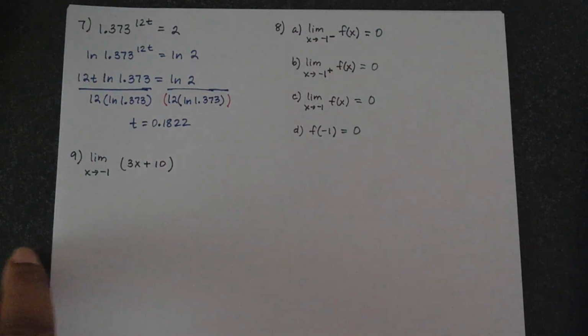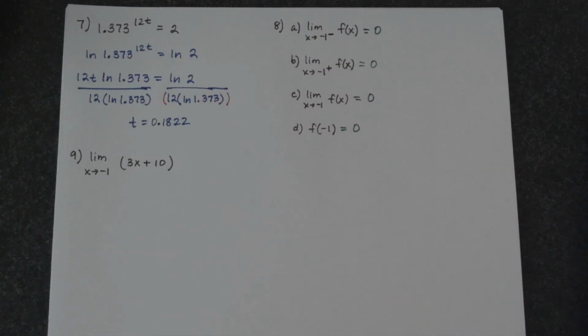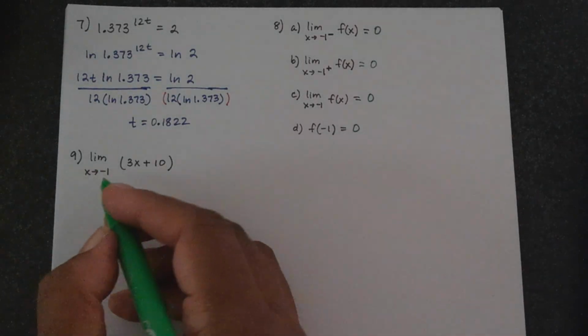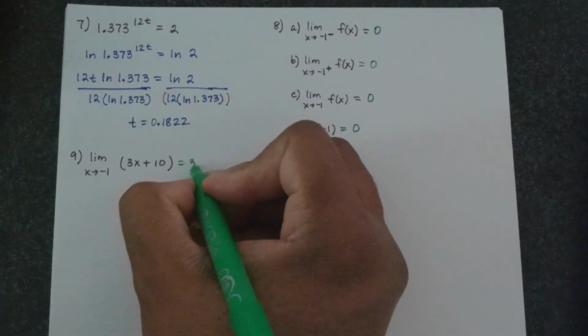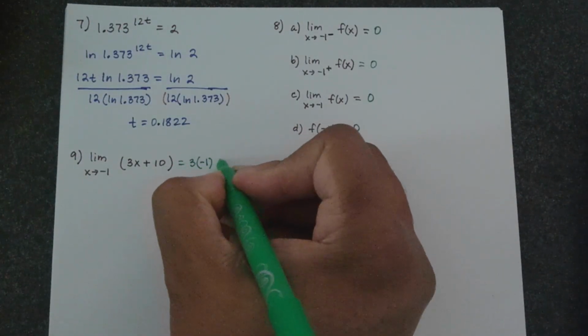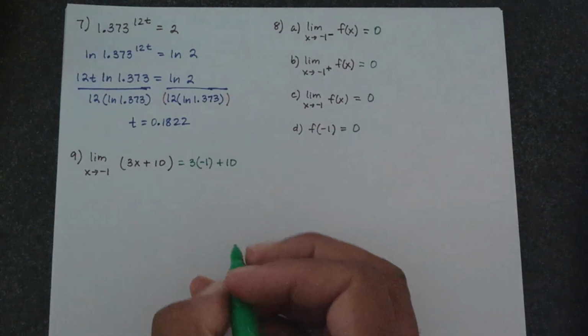It's also a polynomial function in general. That means we can apply direct substitution. So here we can substitute the x with that -1. So it'd be 3 times -1 plus 10.